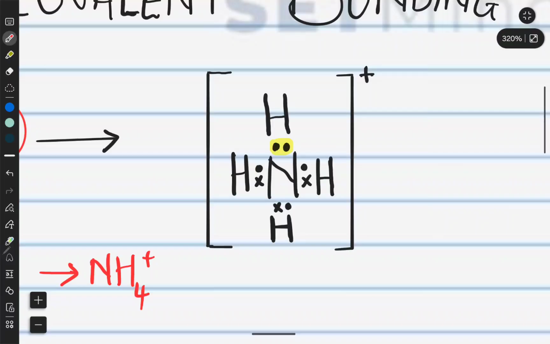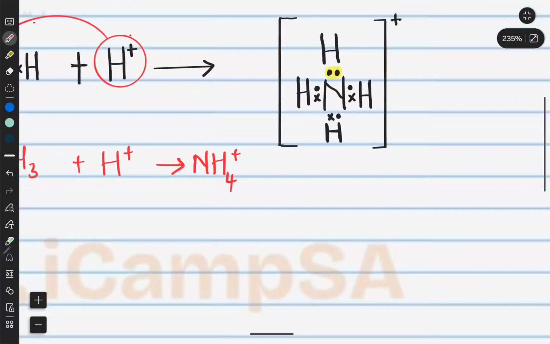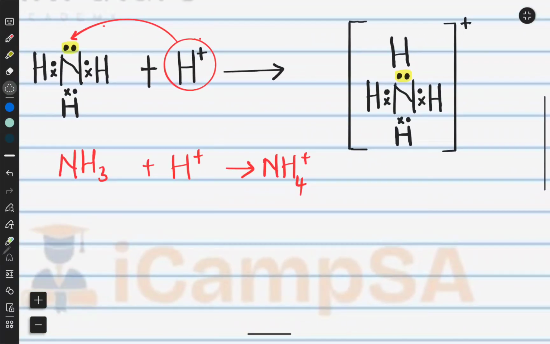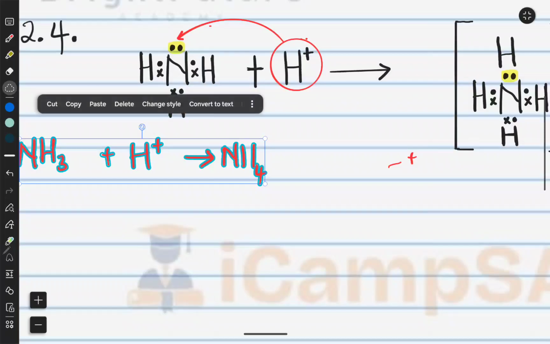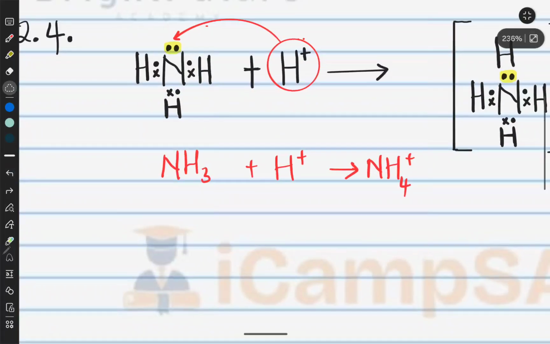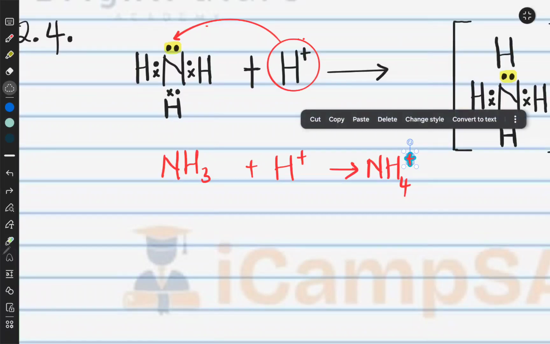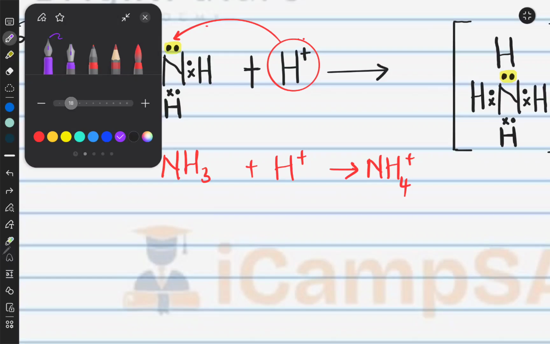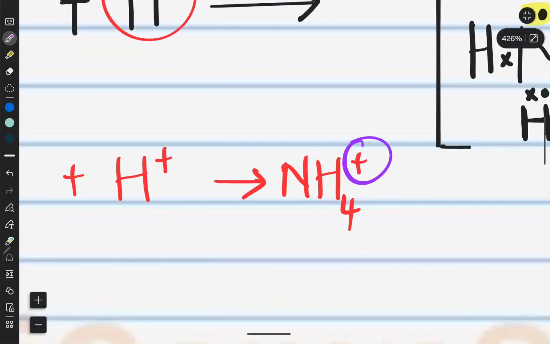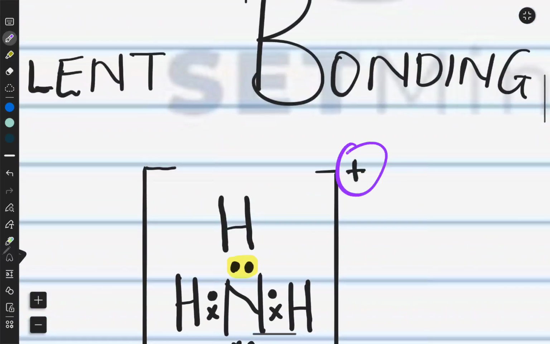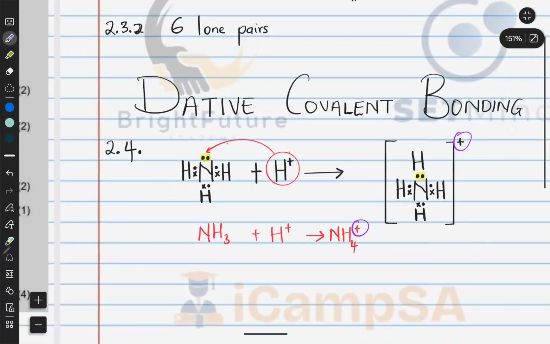That same plus that you see here is the same plus that you see outside this bracket. You never leave it out, okay? So now let's check this other example.